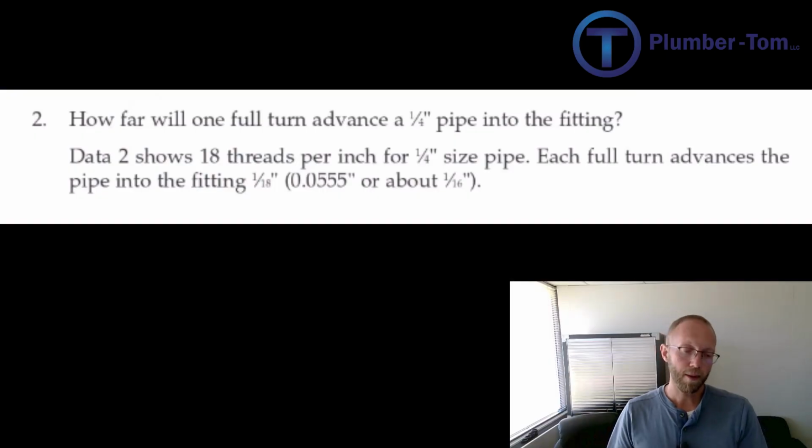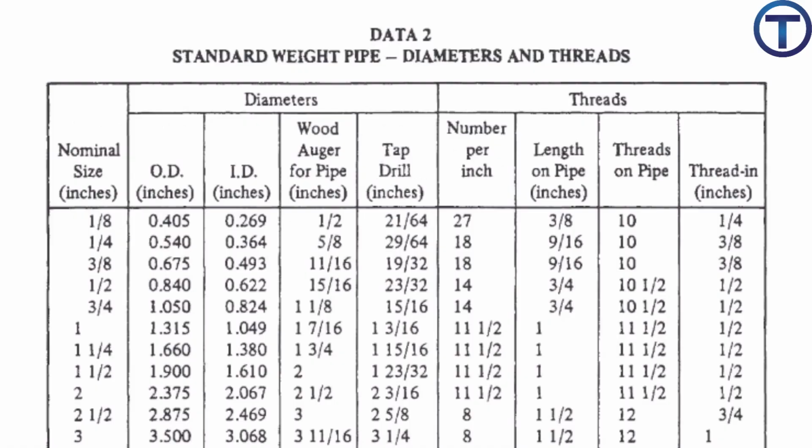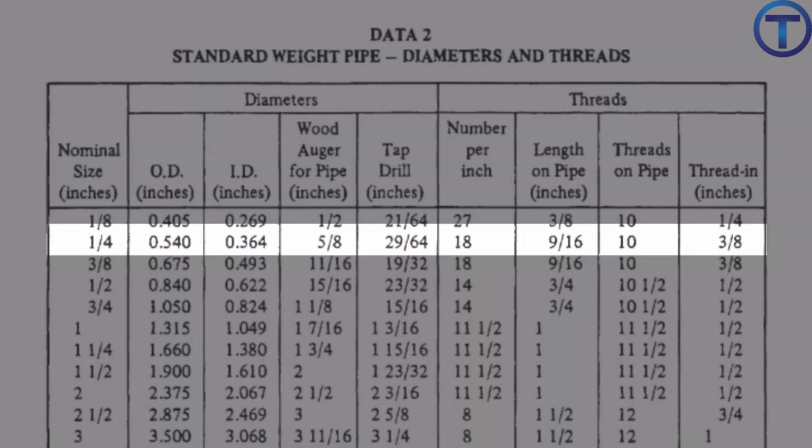All right, sample problem 2 has us going back to data table 2 to look for some information. It says, how far will one turn advance a 1/4 inch pipe into the fitting? So let's say you got that 1/4 inch pipe, you turn it around once, how far is that going to move into the fitting? We go over to data table 2, and this indicates that there are 18 threads per inch for a 1/4 inch size pipe.